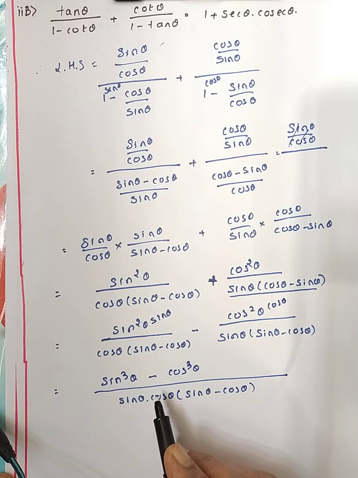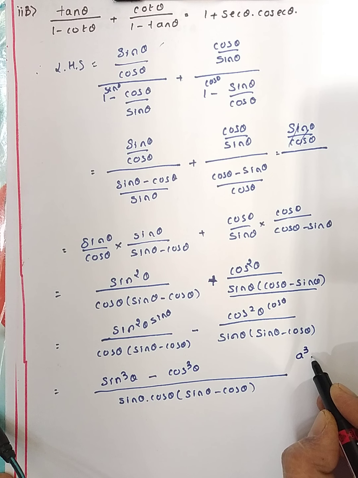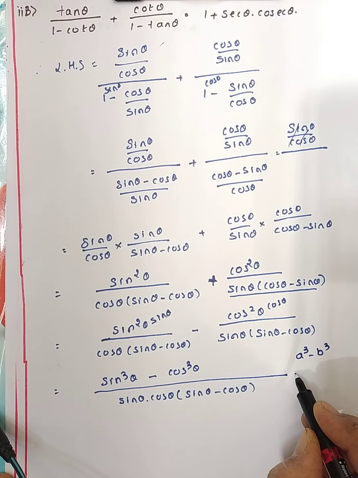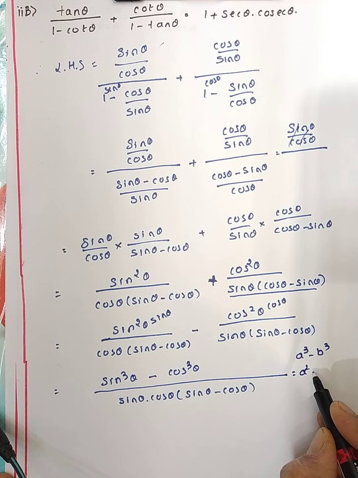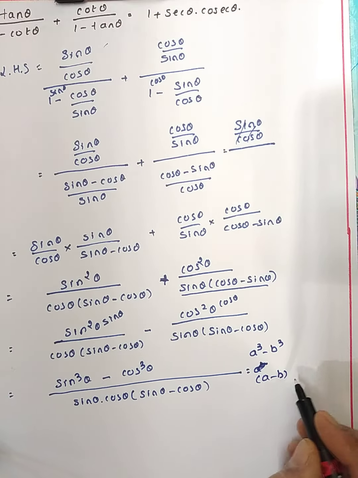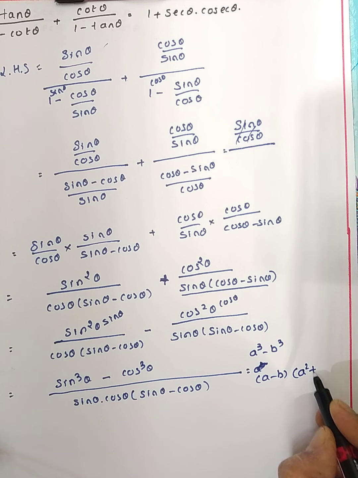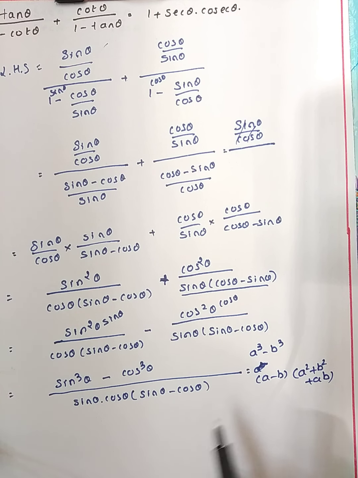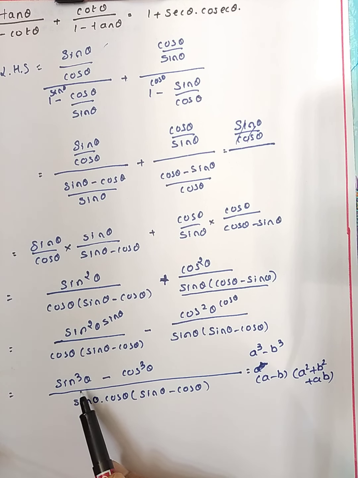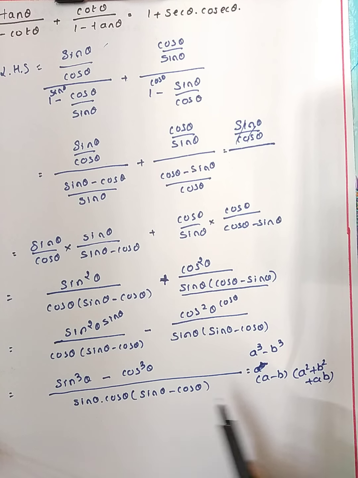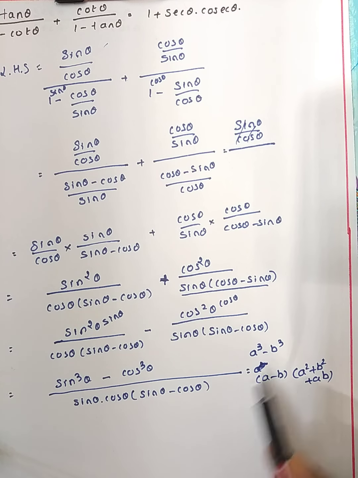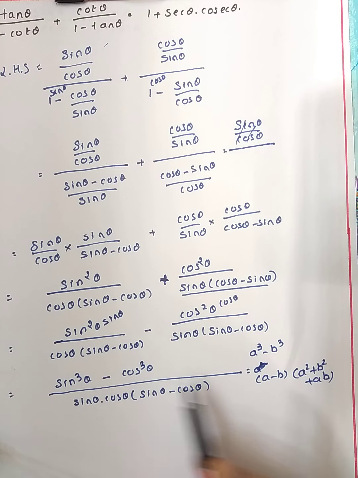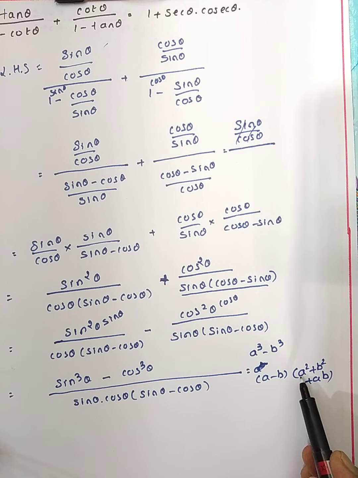Now we can apply the formula here: a cube minus b cube equal to a minus b into a square plus b square plus ab. Here a is sin theta, b is cos theta. This is of the form a cube minus b cube, that is a minus b into a square plus b square plus ab.